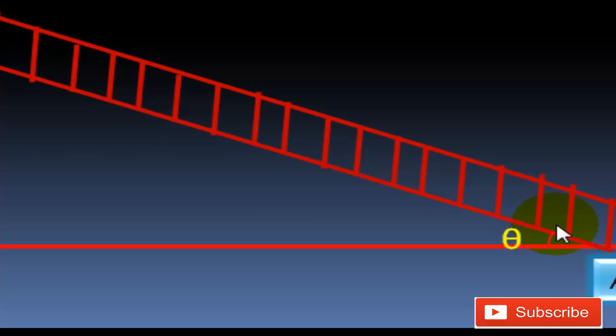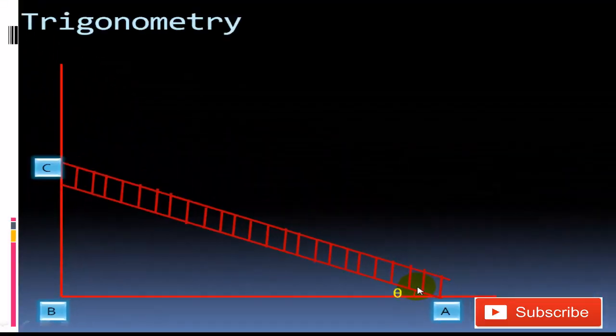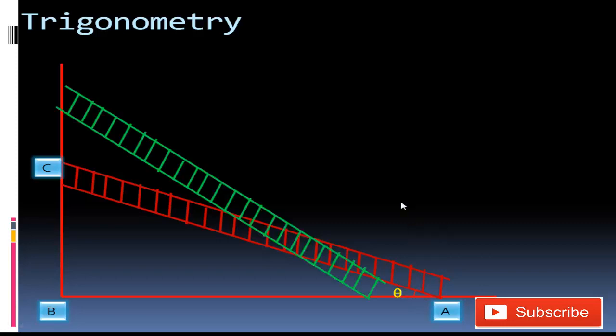This is theta. If the person wants to paint the upper portion of the wall, what will he do? He must change the position of the ladder like this. This is the previous position of the ladder and this is the latest position of the ladder.